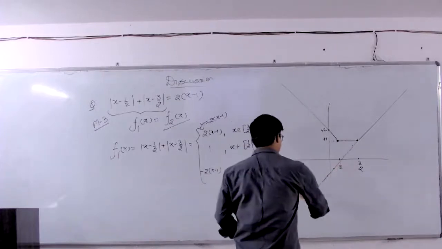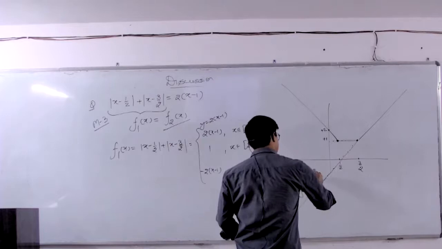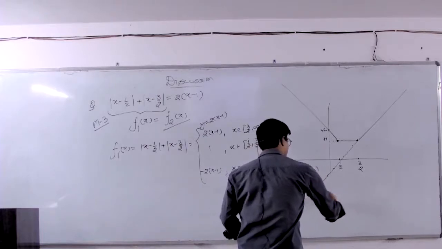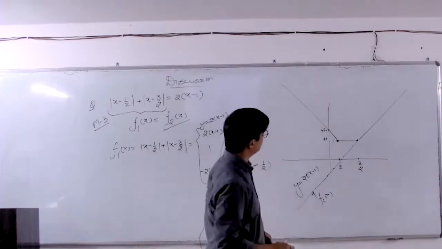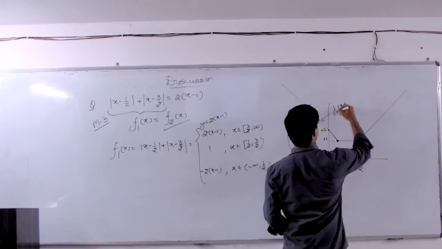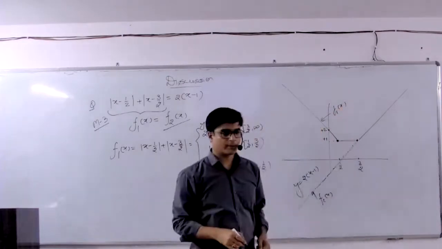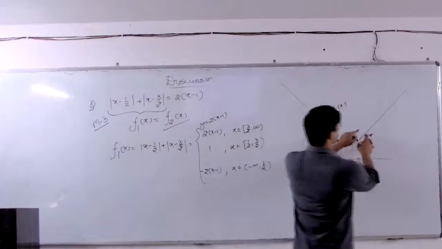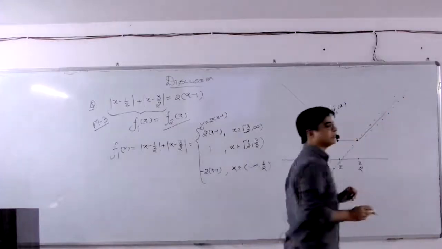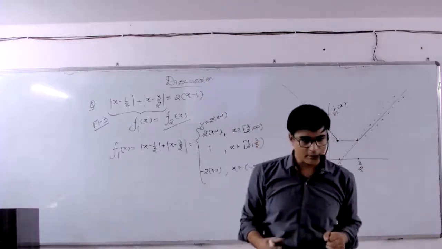This is your y equals 2 times x minus 1. That means this is the graph of f2(x). Yes or no? And this is the graph of f1(x). Yes or no? And this is the only part where both the graphs are meeting. Yes or no?